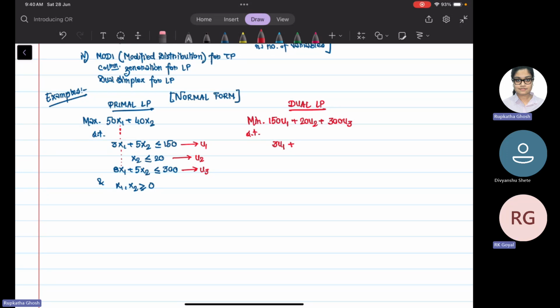So it will be simply blank. And it would be 8U3 greater than equal to 50. Okay, right? Similarly, you will have 5U1 plus 5U3 and U1, U2, U3 would be greater than equal to 0.